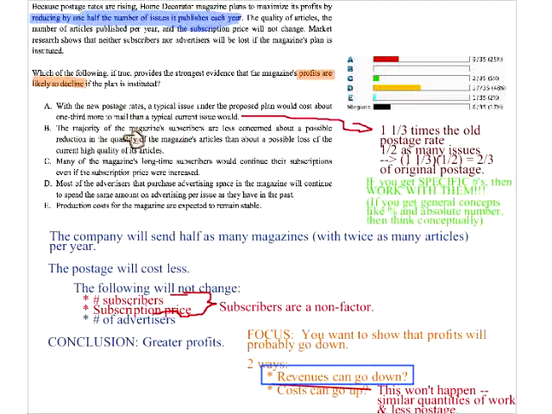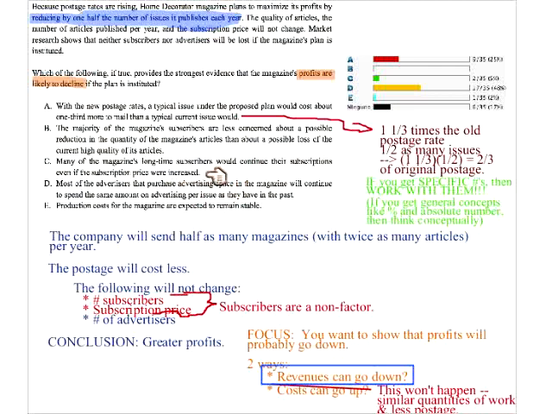Revenues going down. The majority of subscribers are less concerned about, well, that's nice, but it doesn't matter what they're concerned about because there will be the same number of them and they will pay the same price. So therefore, they will not affect profits. C, many of them would continue their subscriptions even if the price were increased. Well, again, that's nice, but the current plan is not to increase the subscription price.